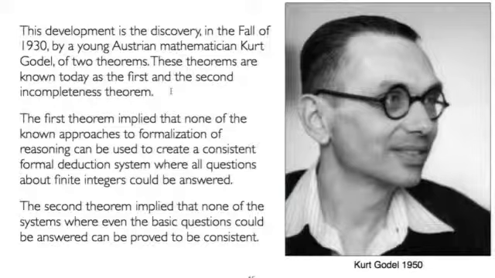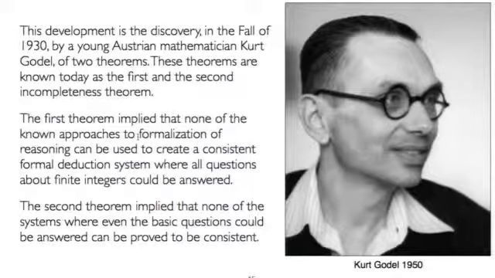The first one, of course, I mean, volumes have been written about various interpretations of these theorems, but I would say that the first theorem basically implied that none of the known approaches to formalization of reasoning could be used to create a consistent formal deduction system where all questions about finite integers, natural numbers, could be answered.